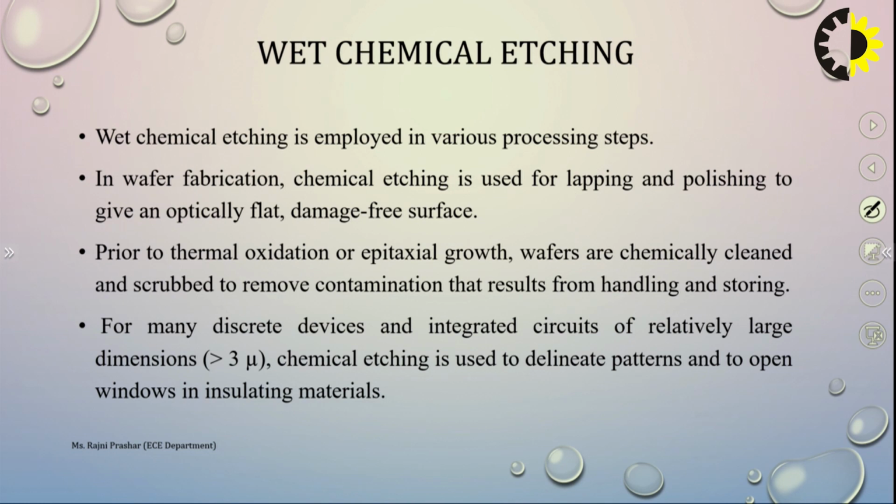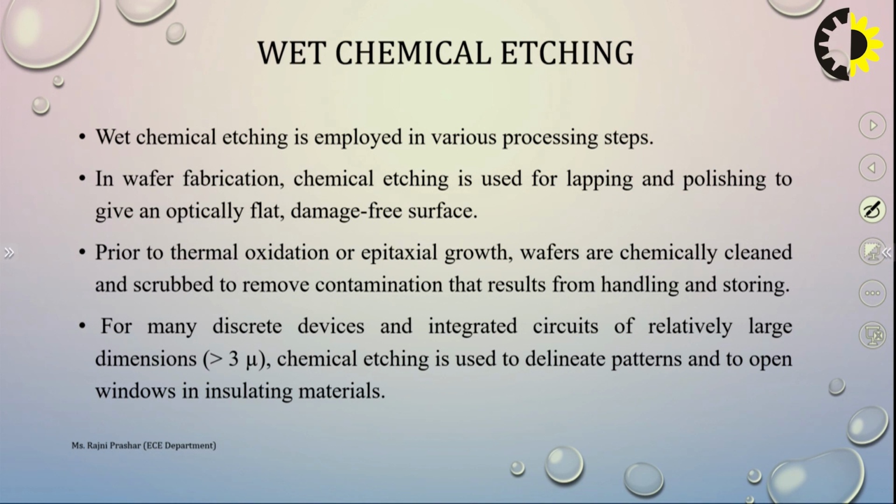So what are the chemicals which we can use in wet chemical etching? Wet chemical etching is employed for various processing steps. In wafer fabrication, chemical etching is used for lapping, polishing, or to give an optical flat, damage-free surface, which we have covered in the first unit, right?